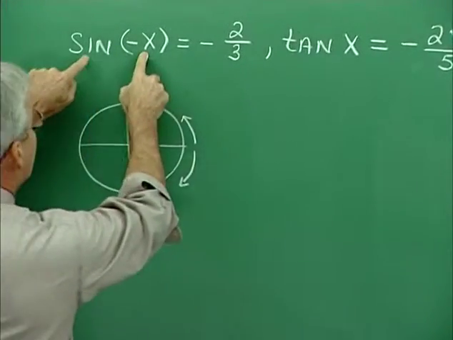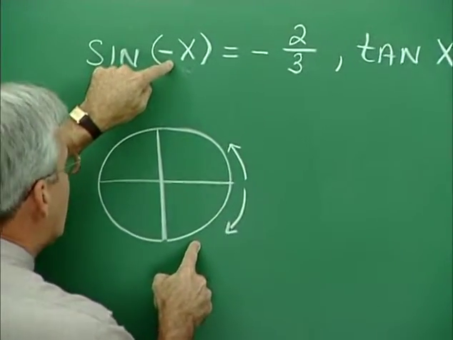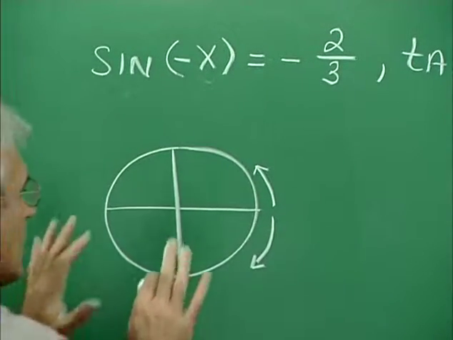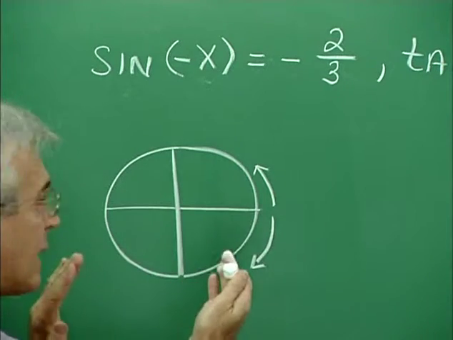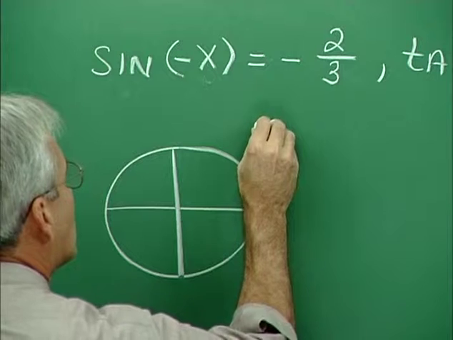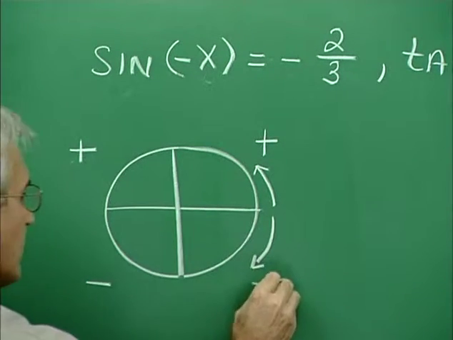The sine of negative x is an angle generated this way, and the sine of x would be an angle generated this way. And now think about where the sine function is positive or negative. Sine corresponds to the idea of y, and y is positive in these two quadrants, but negative in these two.